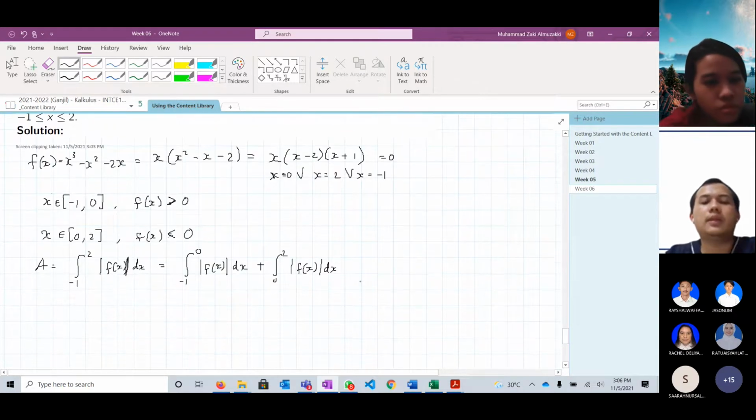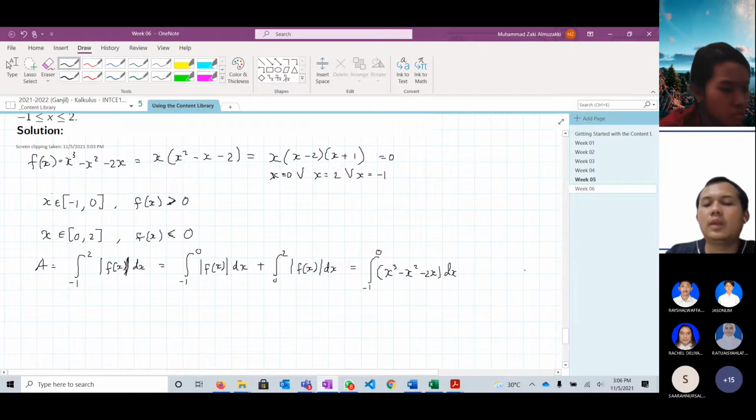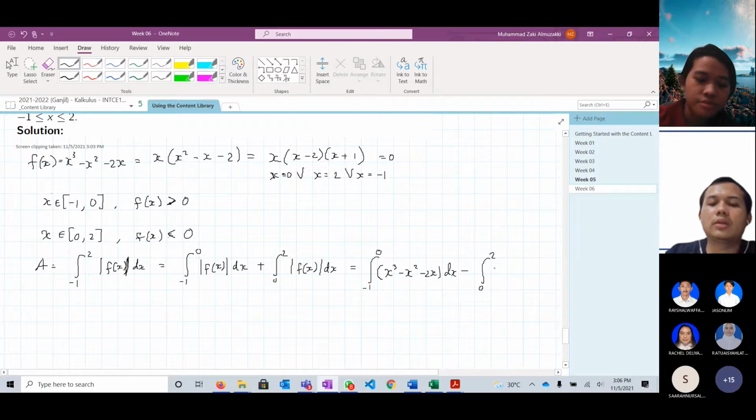Since between -1 and 0 the value of f is positive, we don't change the sign: x power 3 minus x squared minus 2x dx. Then since between 0 and 2 the value of the function is negative, we take the negative: minus the integral from 0 to 2 of x power 3 minus x squared minus 2x dx.